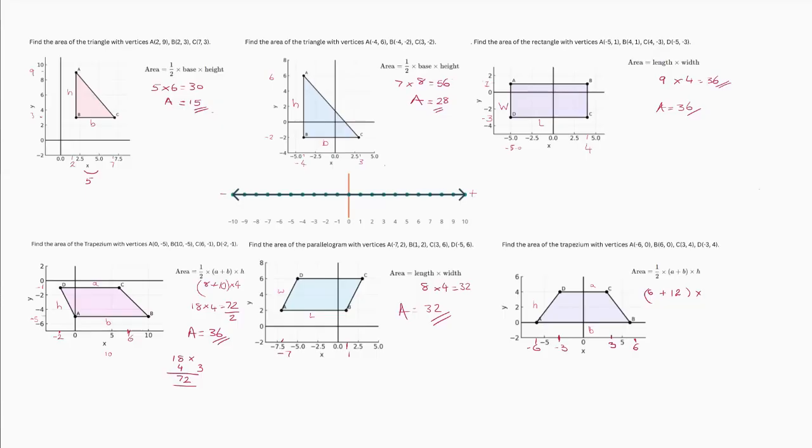It's on 0 already, up to 4. So it's times 4. So 6 plus 12 is 18. Got another 18 times 4 actually. So we know what that is already from there. So that's 72. We're going to divide that by 2. And the answer is the area equals 36.